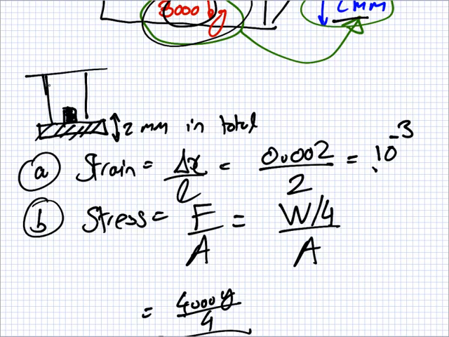So in total, there's 4,000 pulling down. So this is 3,000 and this is hanging from the ceiling, and also then there's 1,000 on top as well. So total 4,000. Okay?